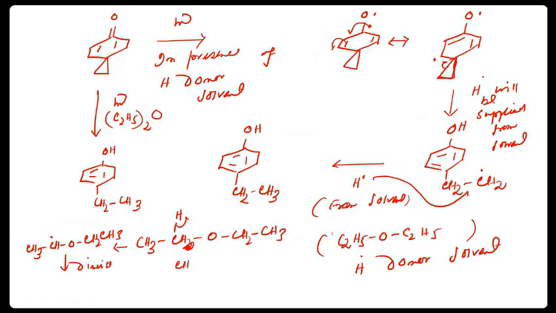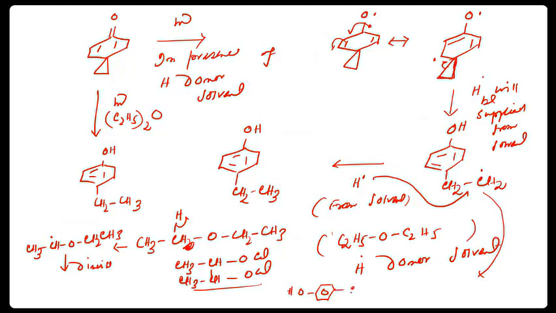Means we'll have a product like this: CH3, CH, CH3, O, Et, I put Et. And this dot also can be added here. So from this we'll have the product, these things. Let me write it a different way. That is OH.